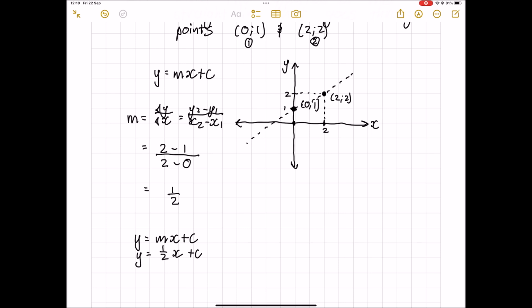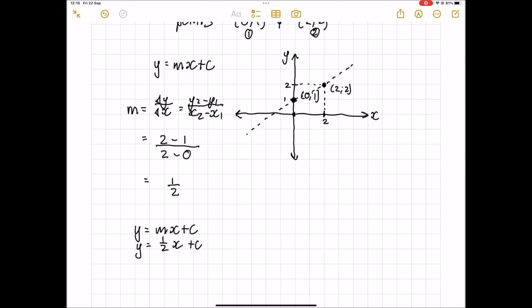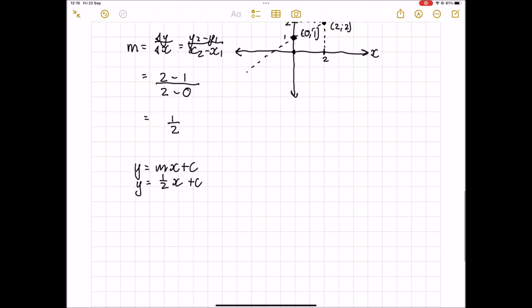It's 1, because it cuts the y-axis at 1. So now you can finish your equation by saying half x plus 1, like that. And also a different way of writing it, instead of saying half x, you can just say x divided by 2 plus 1. So a half x is the same as saying x over 2.